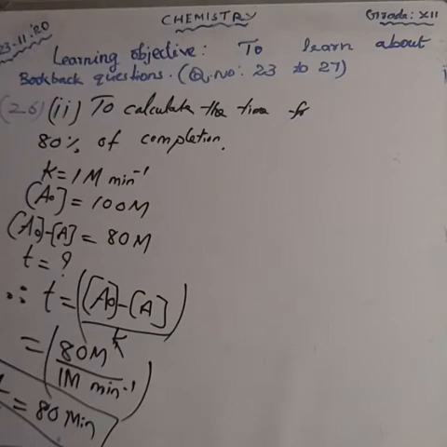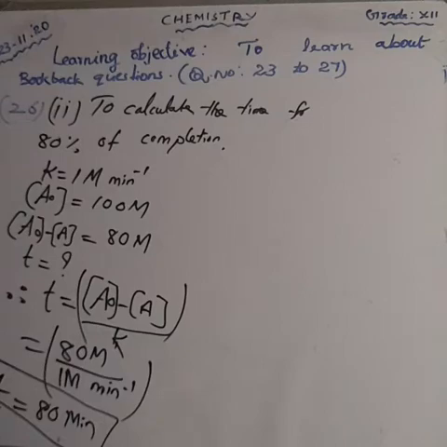The activation energy of the reaction is 22.5 kilocalories mole inverse, and the value of the rate constant at 40 degrees Celsius is 1.8 into 10 raised to minus 5 second inverse. Calculate the frequency factor A.